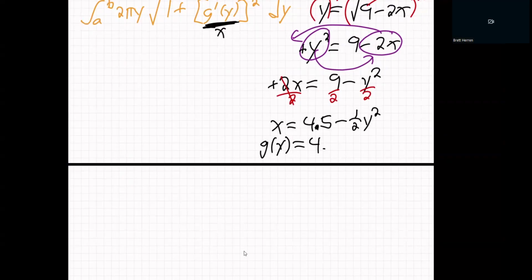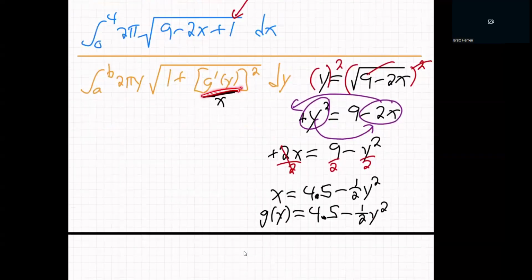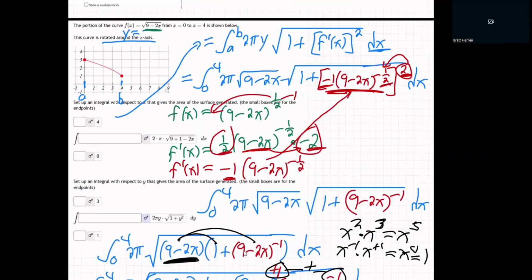They're calling it g of y. You call it George, whatever you want to call it. It's a function of y, right? It's a function that has y in it. That's what they mean when they say g prime of y. They mean take the relationship on the curve, this curve that we're rotating, this little curve. Here's the equation. That's a relationship between x and y, right?